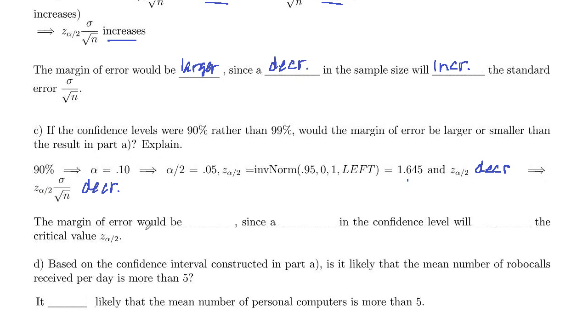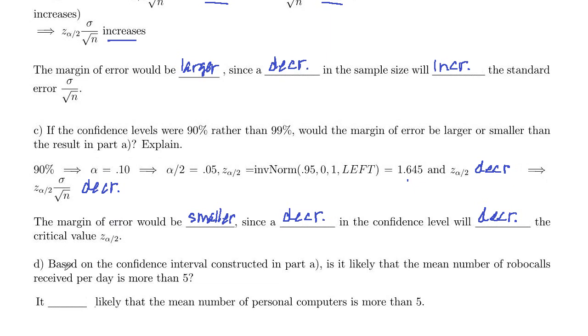So the margin of error would be smaller since a decrease in the confidence level, we decreased it from 99 down to 90, will decrease the critical value. So it decreases our critical value of z alpha over 2.